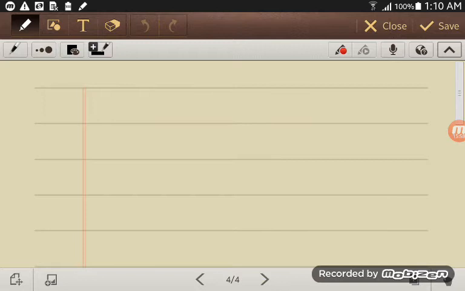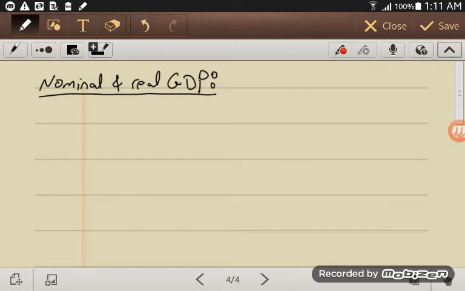Now we have to differentiate between something known as nominal GDP and real GDP. What's the difference between nominal and real GDP? Nominal GDP is the market value of all final goods and services when valued at current market prices.